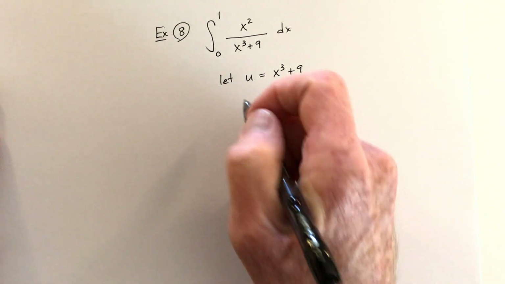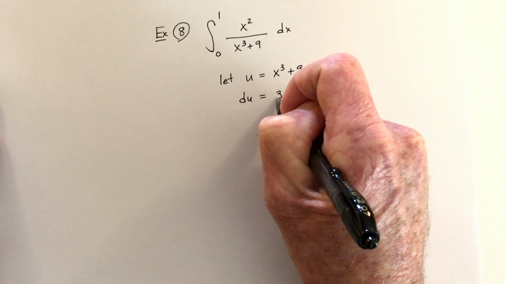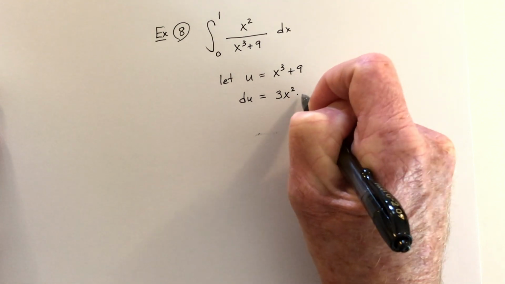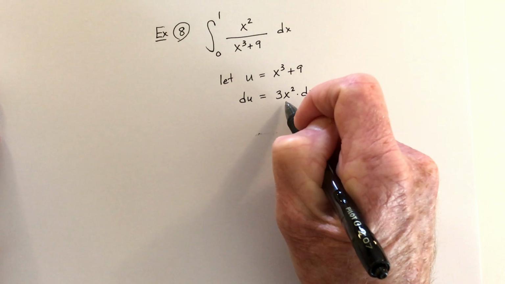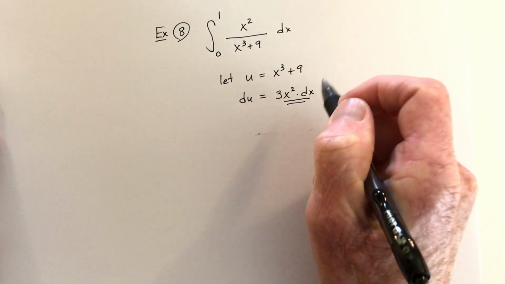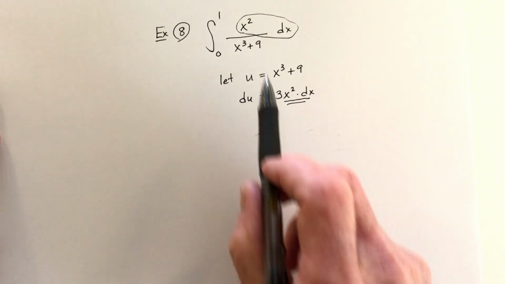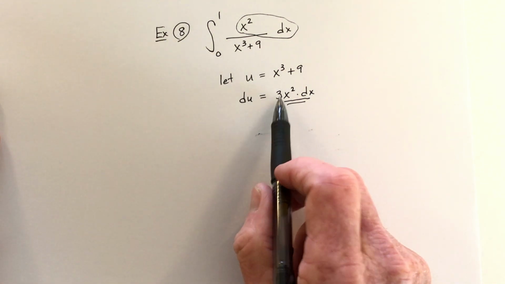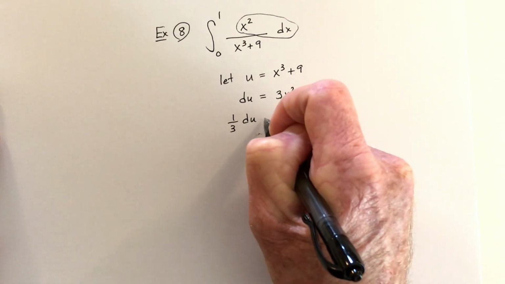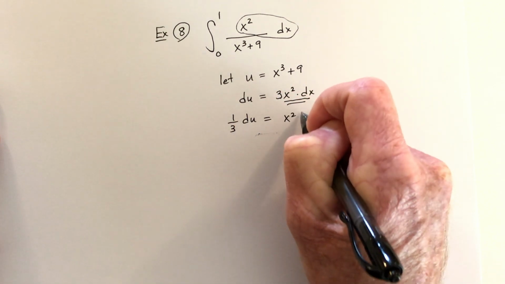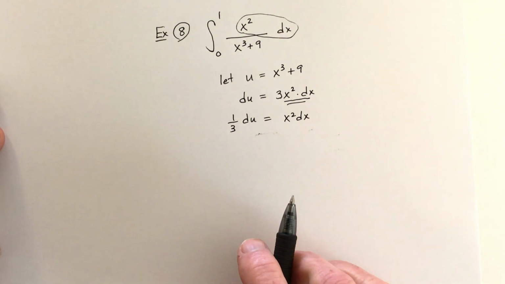And now take the derivative on both sides, so it's going to be du equals 3x squared is the derivative, and then times dx. So this one has x squared dx, this one also has x squared dx, but this one does not have this 3, so I need to multiply both sides by 1/3. And now it's ready for the u substitution.